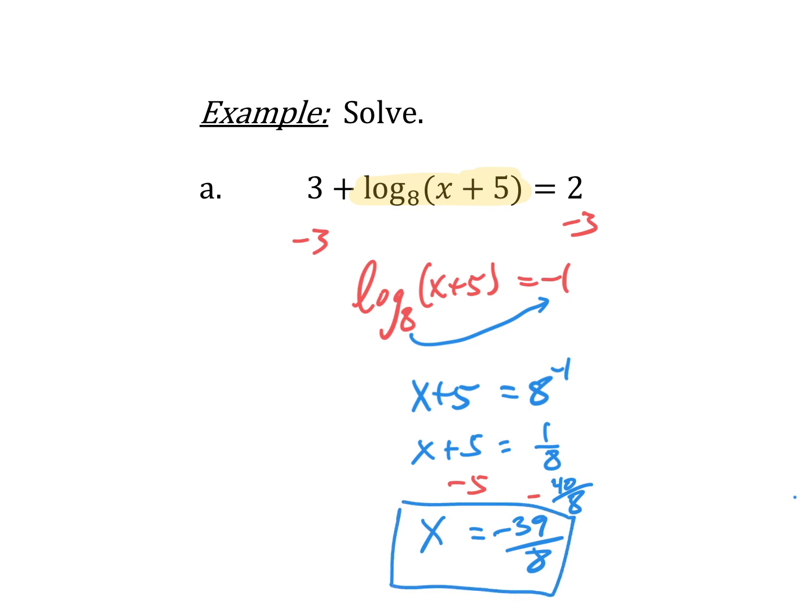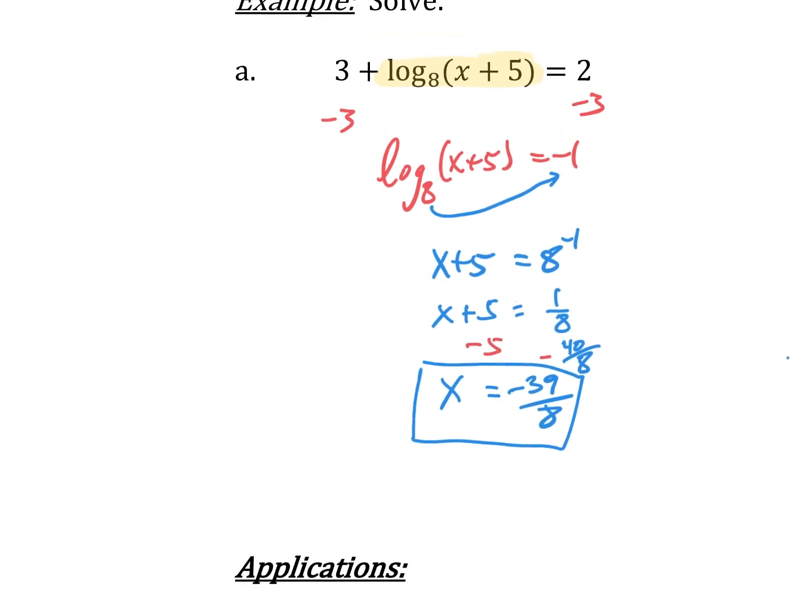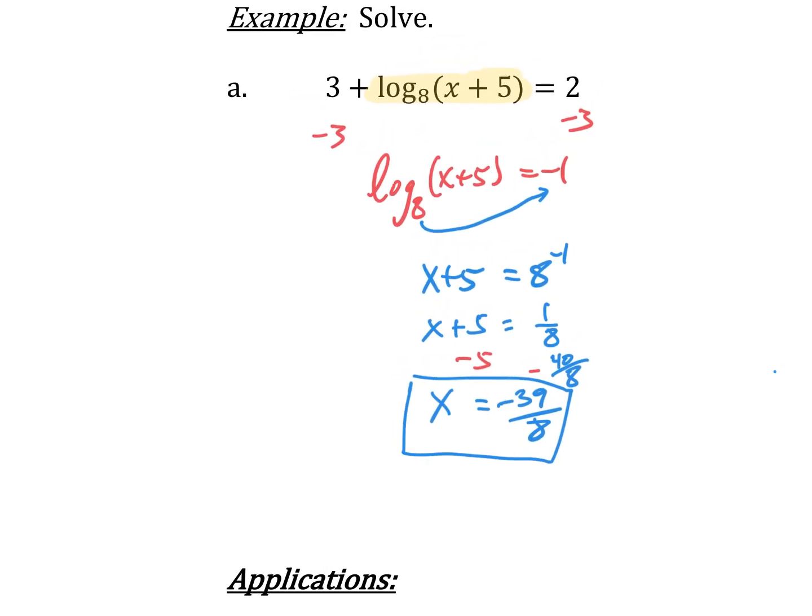Well, now we've got to double check that. The question we really have to ask ourselves is this: if we take log base 8 of -39/8 plus 5, is this number greater than 0? And it is.